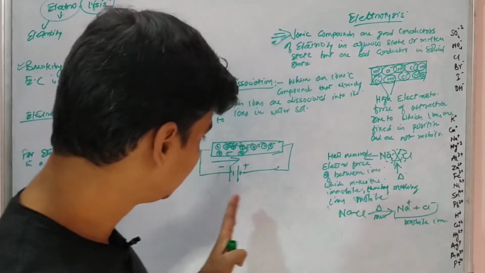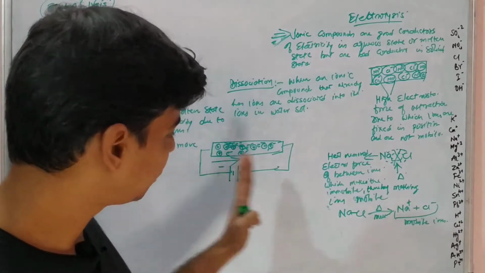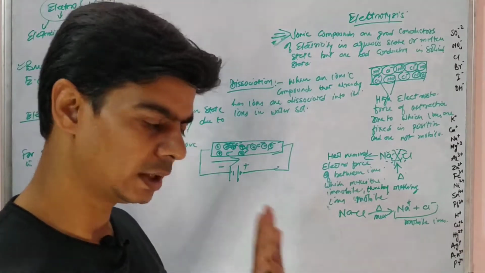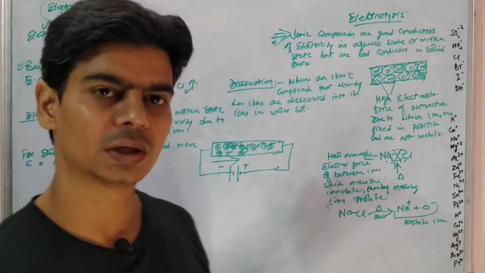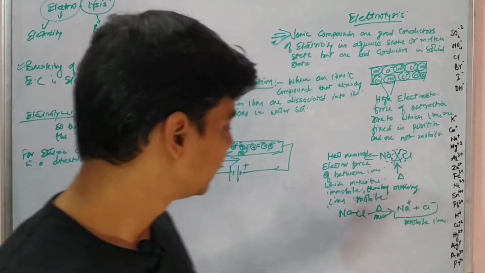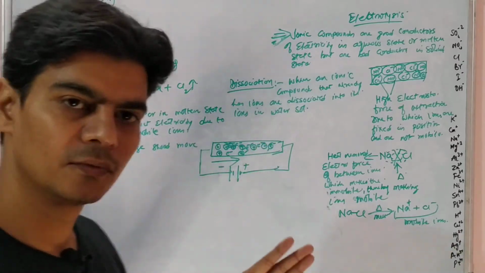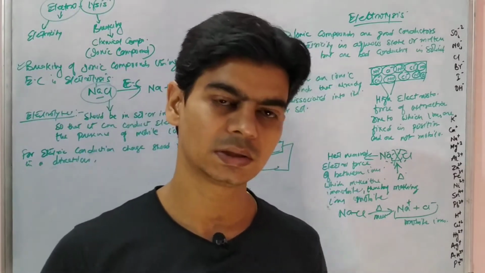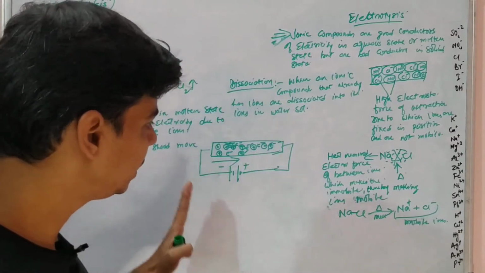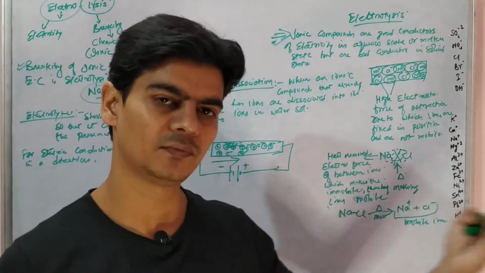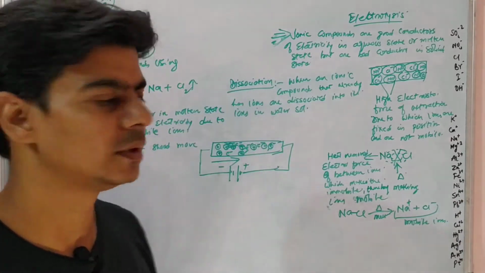Due to this motion of electrons, that is, they are moving in a specific direction, this metal rod is a good conductor of electricity, because the condition for anything to conduct electricity is a directional flow of charge. Here electrons have started moving in a direction, from negative to positive. That is why we say metals are good conductors of electricity.